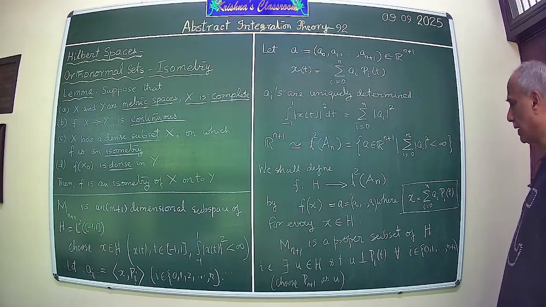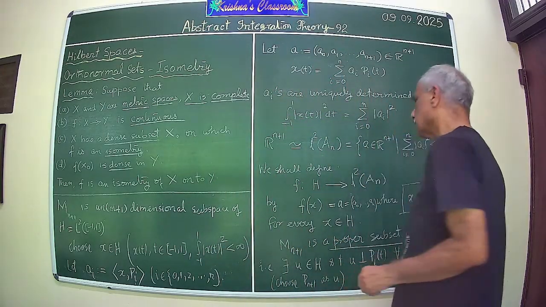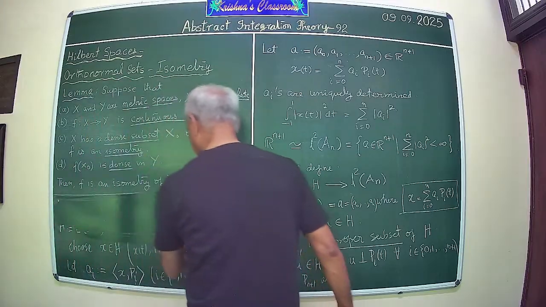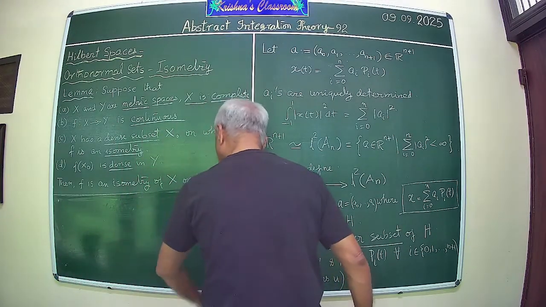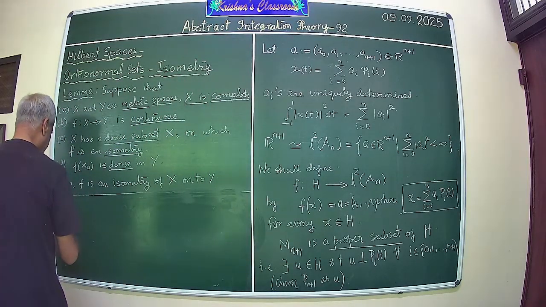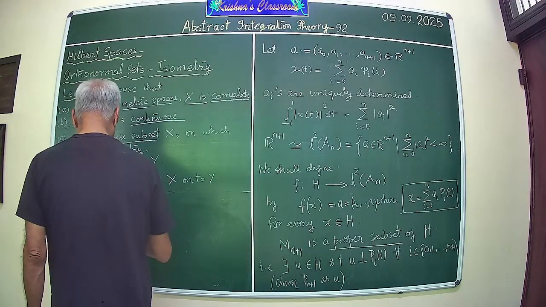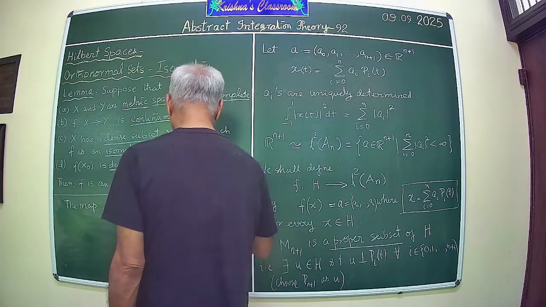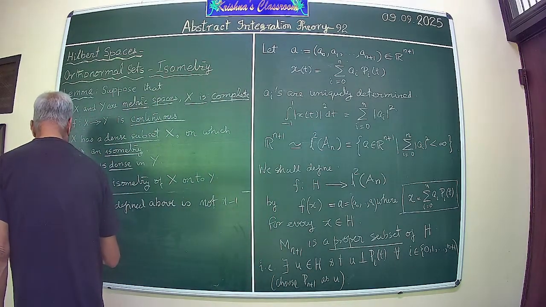Therefore, M_(n+1) is a proper subset of H. Now, one of the implications of this is that the map F is not 1-to-1 on.